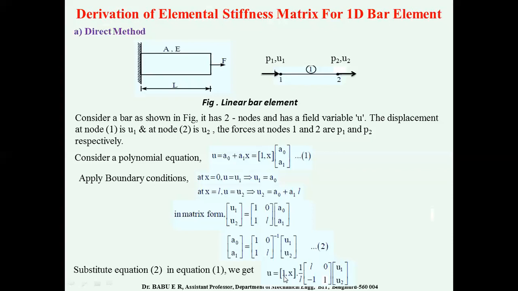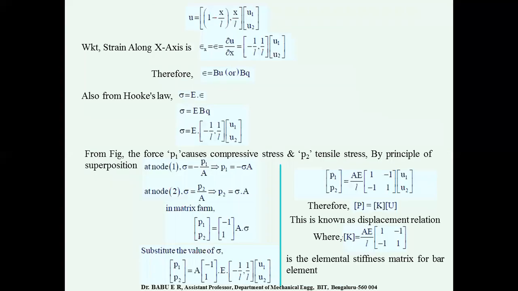Again the second term, 1 into 1 by L into 0 is 0. x into 1 by L into 1 is x by L. So I'll get 1 minus x by L comma x by L into u1 and u2. You got the displacement equation.